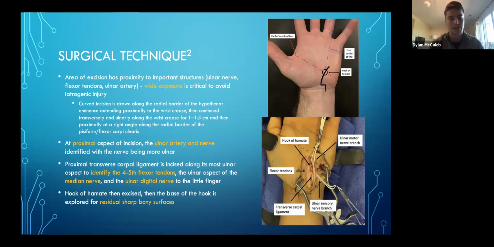Once all these structures are identified, it's important to excise the hook of hamate and then debride any residual sharp pieces of the bone surface to make sure there's nothing hitting any of these structures following excision.